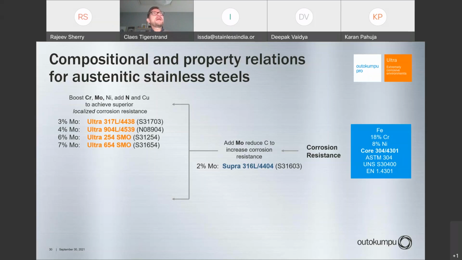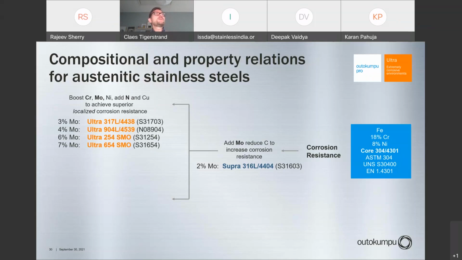Nitrogen, very important here, improves both strength and corrosion resistance, and sometimes some copper as well to improve the resistance also in acidic environments. But as you see, mainly increasing chromium, molybdenum, and nitrogen actually improves the resistance to localized corrosion.